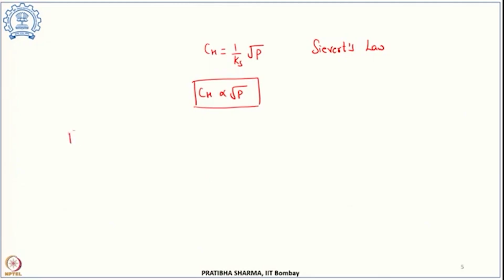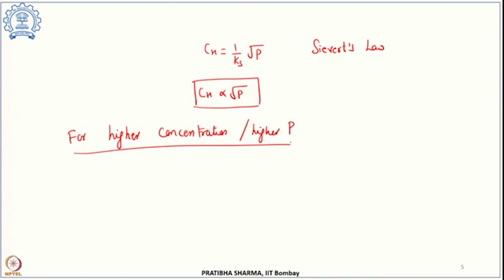Now if we consider higher concentration or higher pressure, that means when the metal hydride formation or beta phase formation takes place, in that case there are 3 phases: hydrogen, alpha and beta phase.